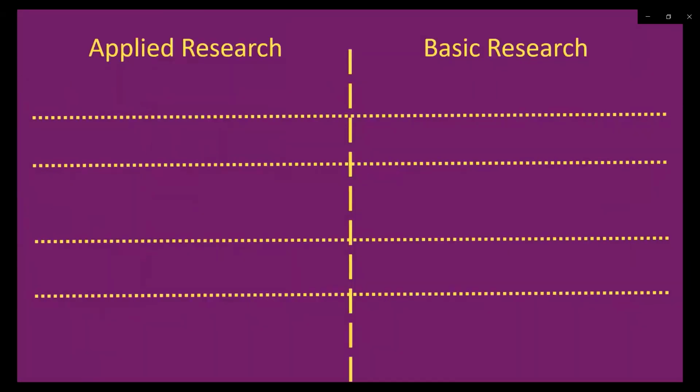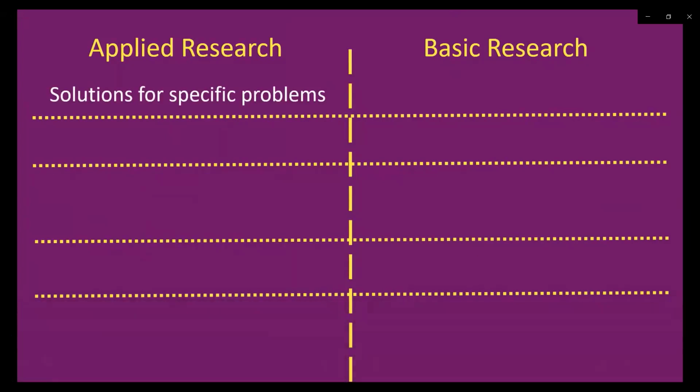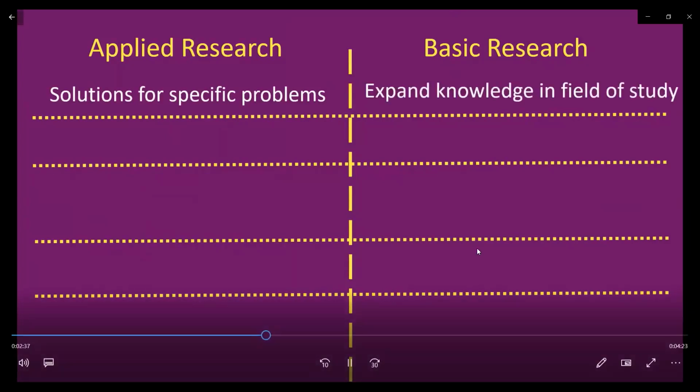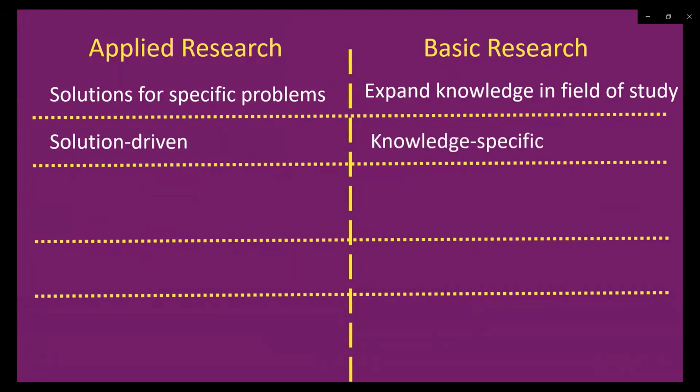Difference between applied and basic research? Applied research is a research methodology that creates practical solutions for specific problems, while basic research is an approach to research that seeks to expand knowledge in a field of study. This means that applied research is solution-driven, while basic research is knowledge-specific.